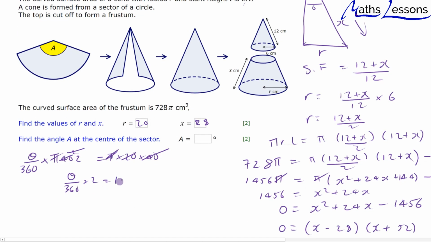So therefore, times by 360 divided by 2, theta must equal 180 degrees. All right, so there you go. Easy to spot my mistake. I was coming out with an angle that was going to be bigger than 360, so I knew I'd gone wrong. So that is how I was able to realise I'd used circumference rather than area, and that's how you get to the right answer.